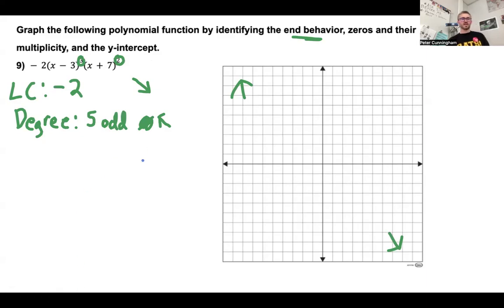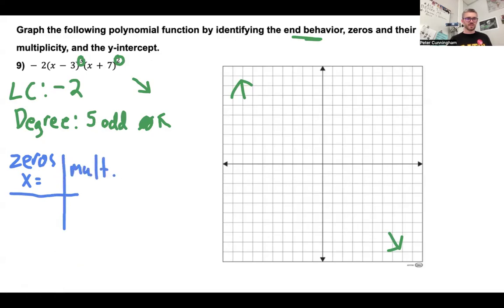All right, so let's figure out our zeros. Our zeros, that is, what is x equal when y equals 0? We're going to say what their multiplicity is. Forgive me for abbreviating there. And what will that cause to happen?